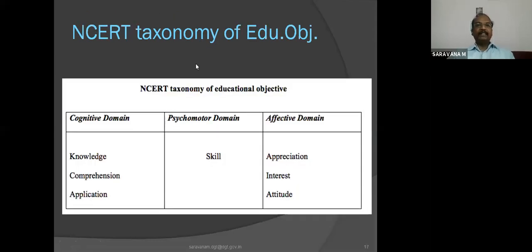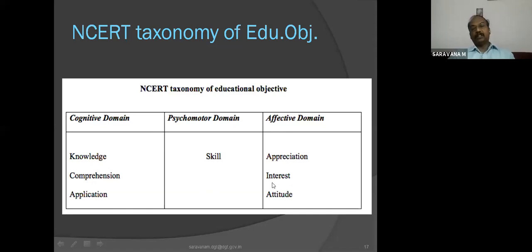And NCERT, I told you, is the National Council for Educational Research and Training, like our NCVT. NCERT is for the school system, the education system. This taxonomy of educational objectives has been applied in the school system, this NCERT system. You see, cognitive domain, psychomotor domain, affective domain, 3 domains are there. Knowledge, comprehension, application are used in the cognitive domain. And skill has been used in the psychomotor domain. And in the affective domain, appreciation, interest, and attitude.